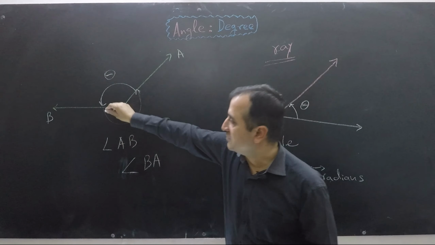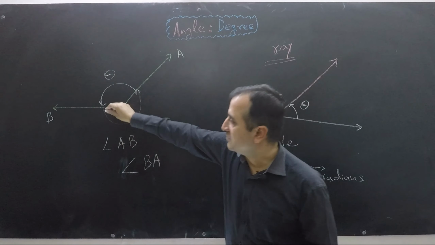So this one is the angle between B and A, it's alpha. This one is theta and this one is alpha. Obviously alpha and theta are different. Make sense? Yes. Similarly, I can make another example with two rays.